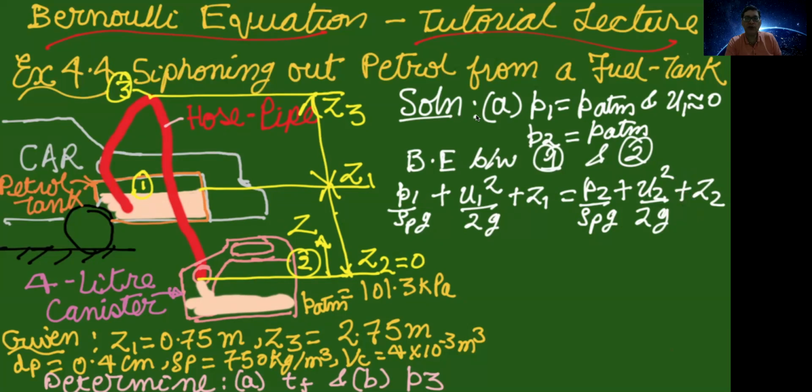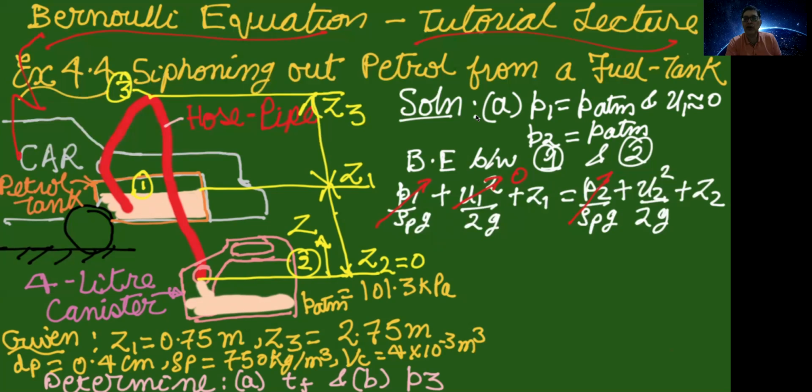So if you substitute, P1 is atmospheric here, and P2 is also atmospheric, so these two cancel down, and we are considering U1 close to 0, so this also cancels down as shown here. U1 is close to 0, and P1 and P2 both are atmospheric, so they cancel down from the left hand side and the right hand side.